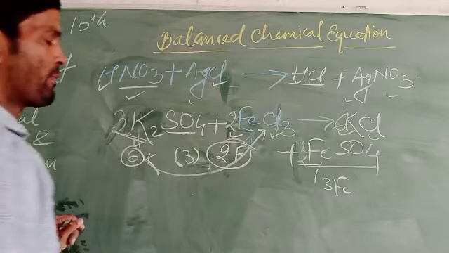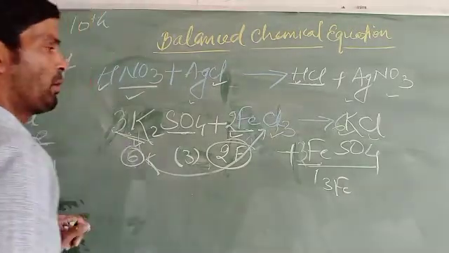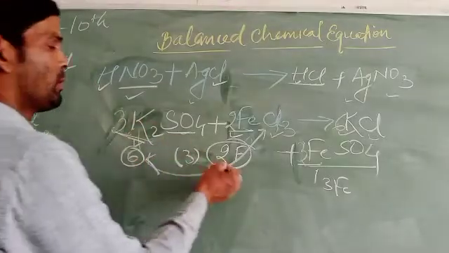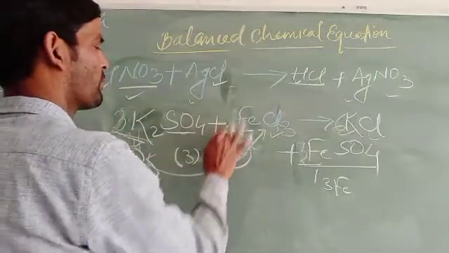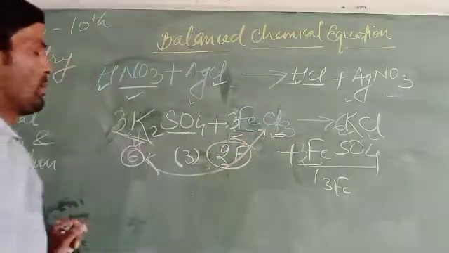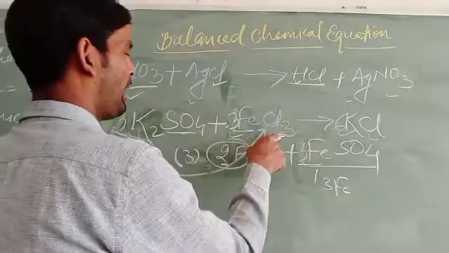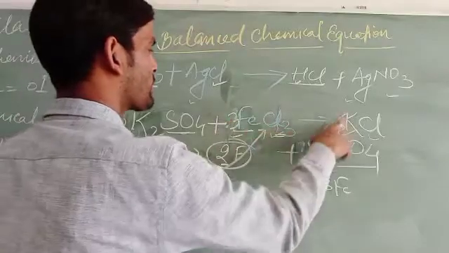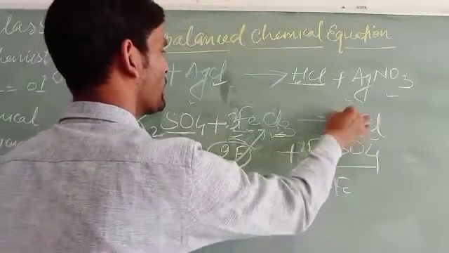So here we have to write about the 3Fe. If it is 3Fe, then the chlorine will be 9, 3 times 3 is 9 Cl. So 9 Cl if it is written.